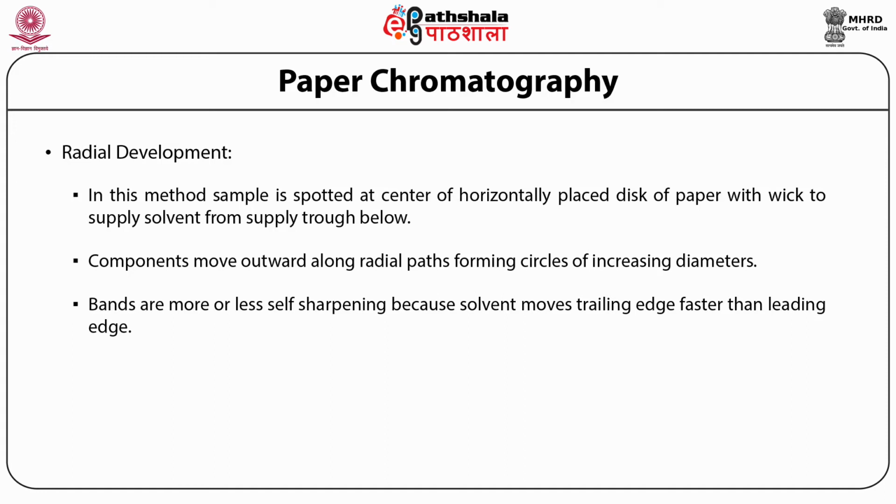A covered petri dish is an adequate container, or the paper can be sandwiched between two glass plates with a hole in the center of the upper one for the introduction of solvent. For fast development, one can rotate this disc at high speed so that the solvent flows by centrifugal force as well as by capillary action.